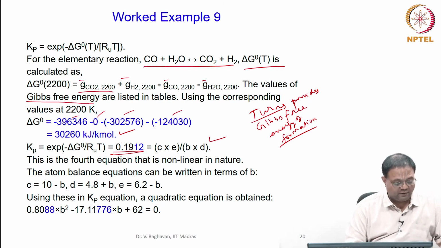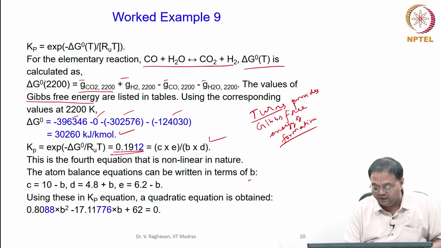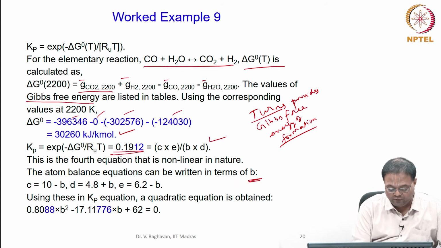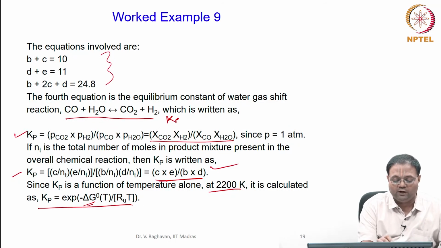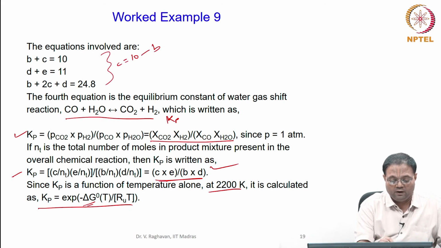Okay. Now, if you take the atom balance equations, we can reduce the equations and write the equation only in terms of B. See, for example, here B plus C equal to 10. So, C equal to 10 minus B you can write, correct? Similarly, here now C you have written.